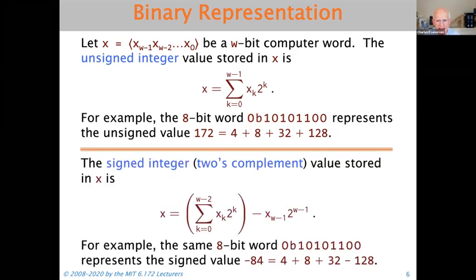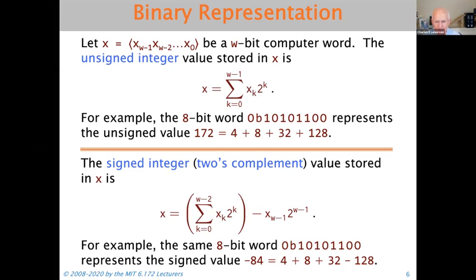So to represent signed integers, the computer uses the high order bit, which is bit W minus 1, to represent the sign of the number, SIGN, not SINE. But it doesn't use a sign magnitude representation. It uses what's called 2's complement, and the reason is algorithms. The algorithms the hardware implements for adding and subtracting 2's complement numbers are exactly the same as the algorithms for unsigned numbers.